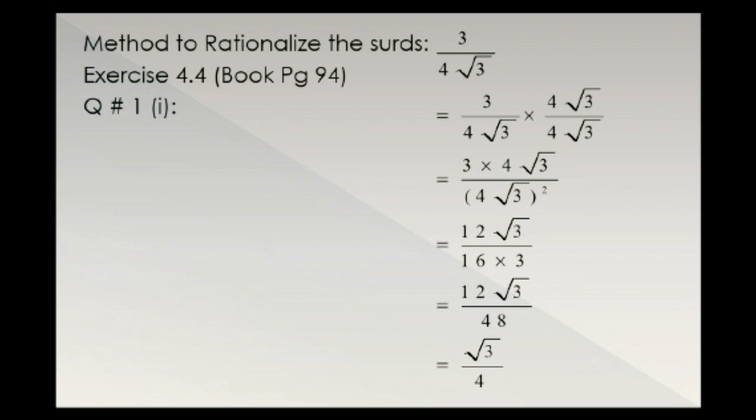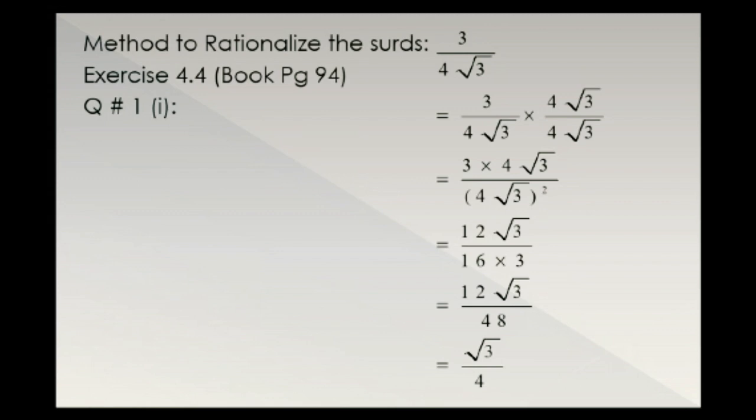As you can see here, 4 is having a square, and under root 3 is also having a square. So independently we will take the square. In the numerator, 3 fours are 12 and under root 3 will come. In the denominator, 4 is having a square, it will become 16. Under root 3 is also having a square, and the square and under root will cancel.